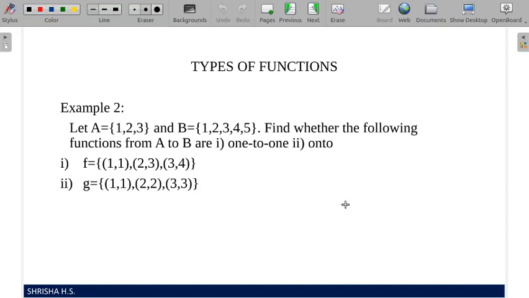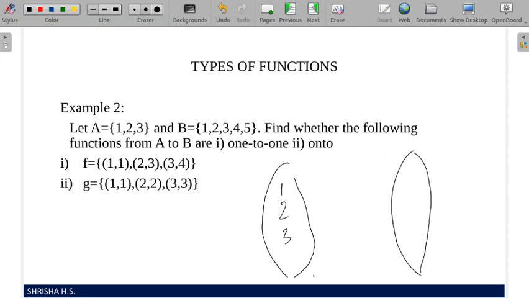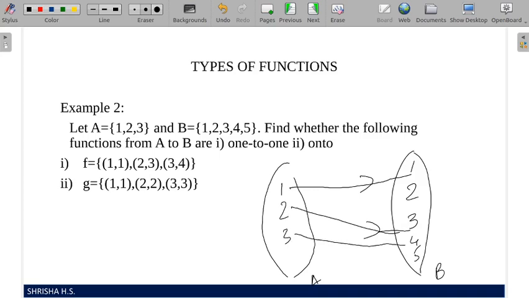Second example: A = {1, 2, 3} and B = {1, 2, 3, 4, 5}. So let's see the mapping, whether they are one-to-one or onto. So we have 1 to 1, 2 to 3, 3 to 4.